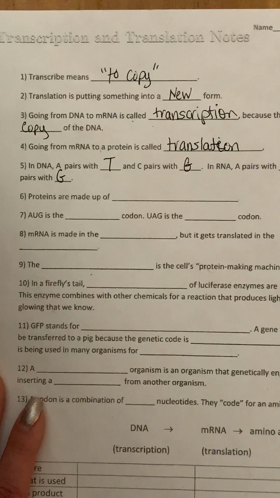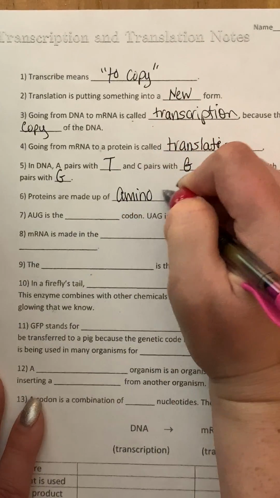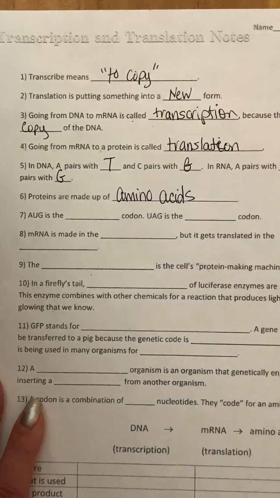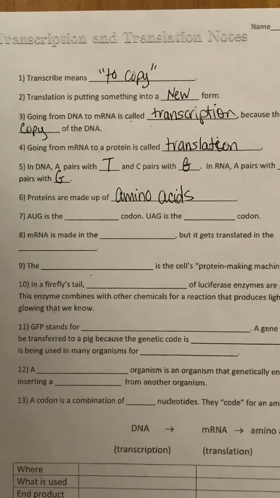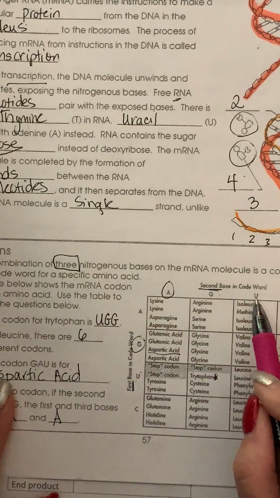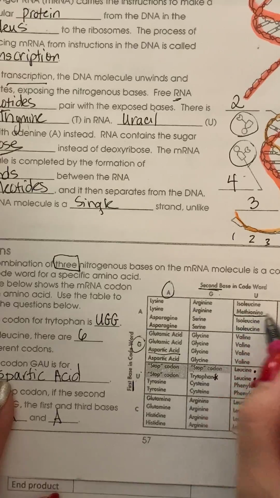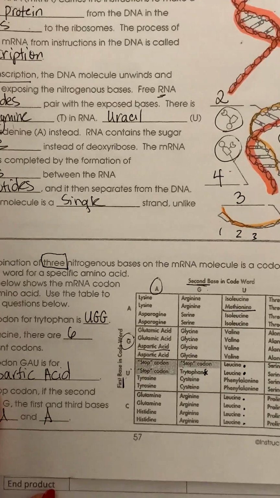Proteins are made up of amino acids. And AUG, if we look at this chart again, A, U, and G right here, code for this amino acid called methionine.